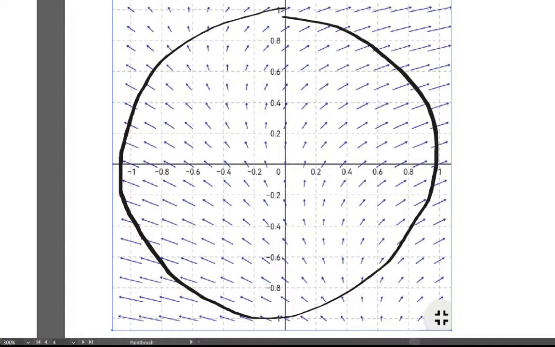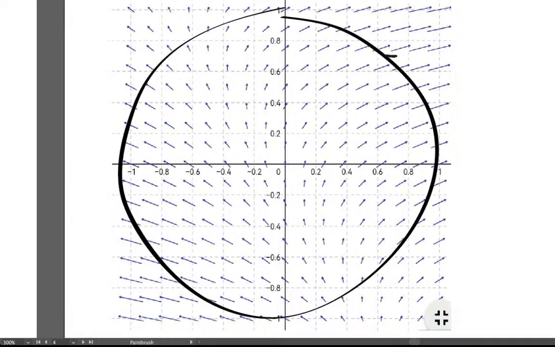It moves counterclockwise as always. When you try to calculate the entire thing, you would see that most of them go against this circle.